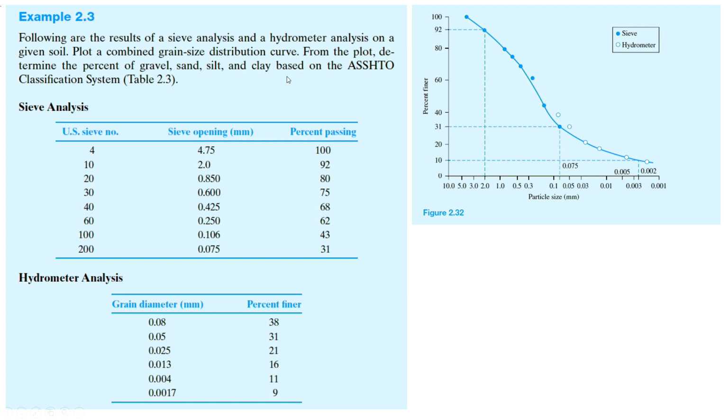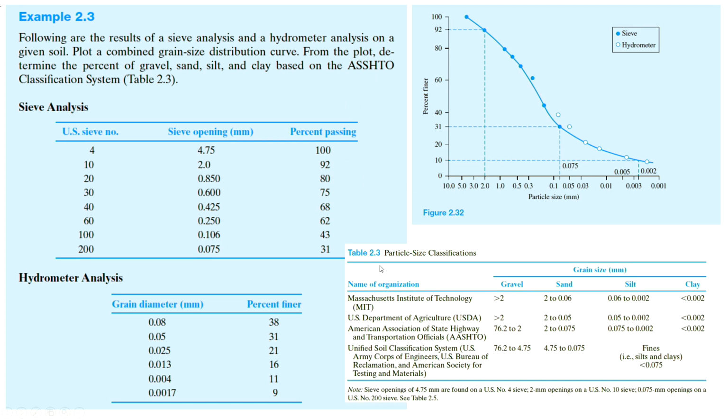But it asks you, from the plot, to determine the percent of gravel, sand, silt, and clay based on the AASHTO classification system. Based on different codes, different systems have different delimiting particle sizes for gravel, sand, silt, and clay. We have such a table in our textbook. You see that this is a different organization.